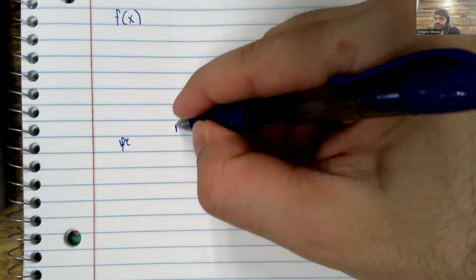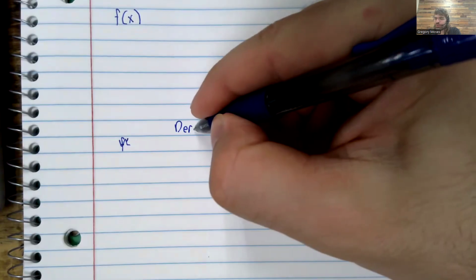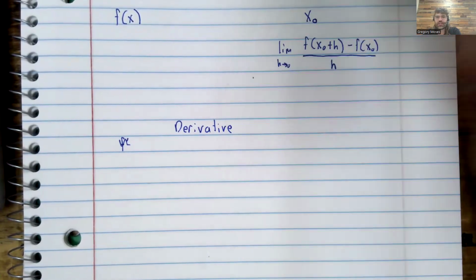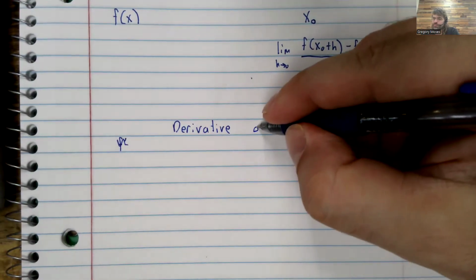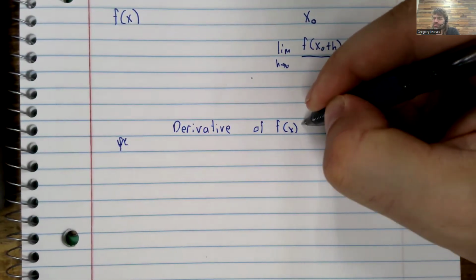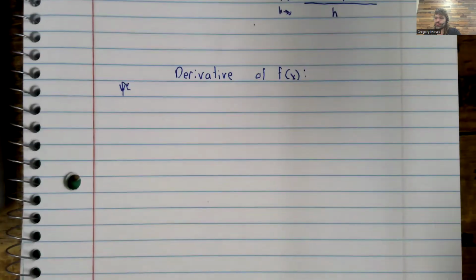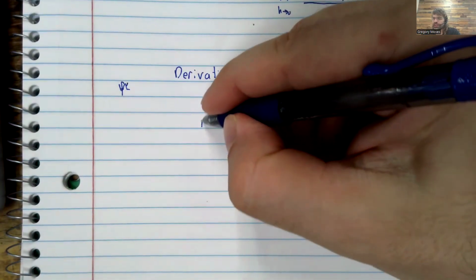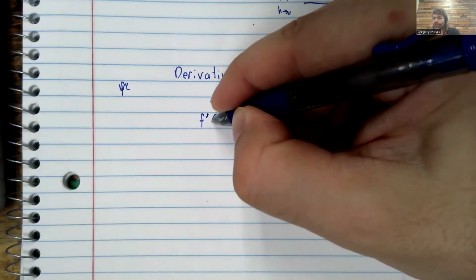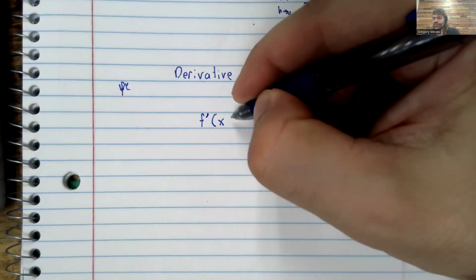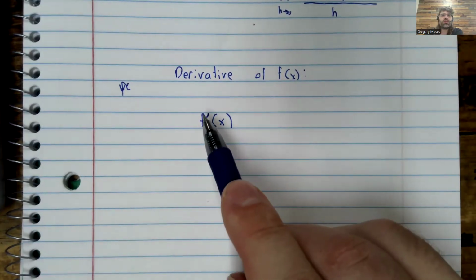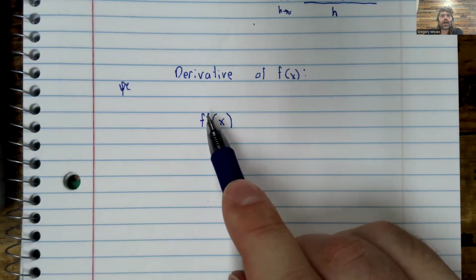Let me write the word down. The derivative of f of x is written as follows. F apostrophe x. When we speak out loud, we say prime.